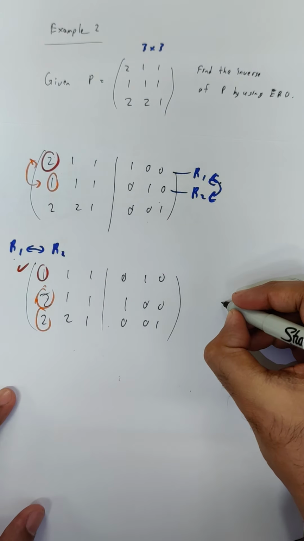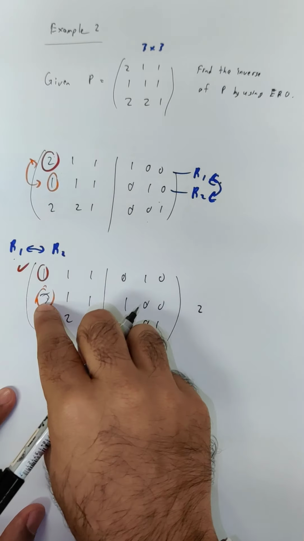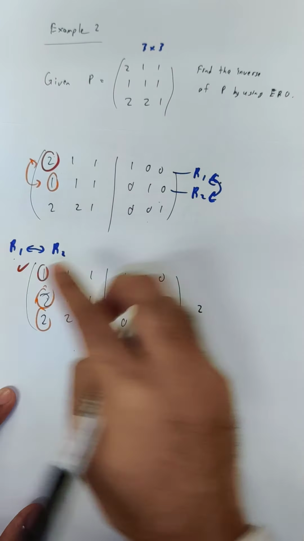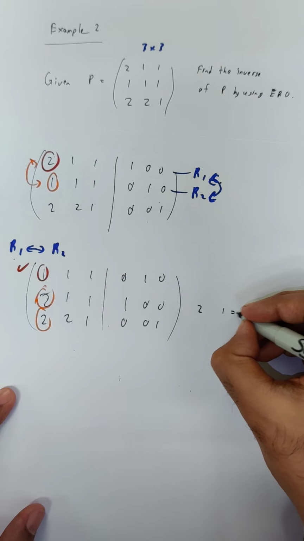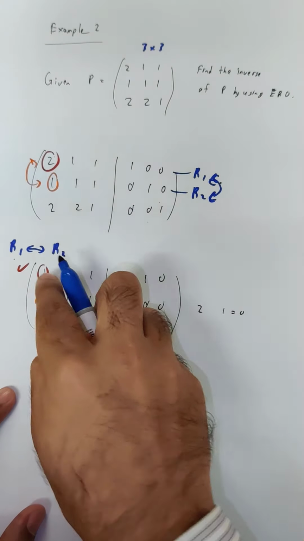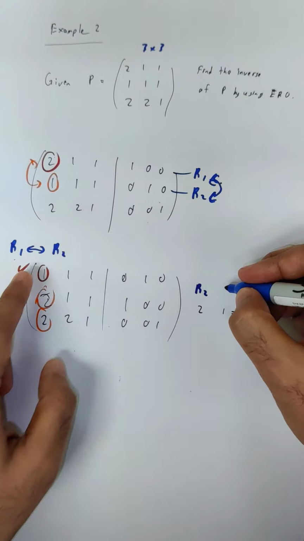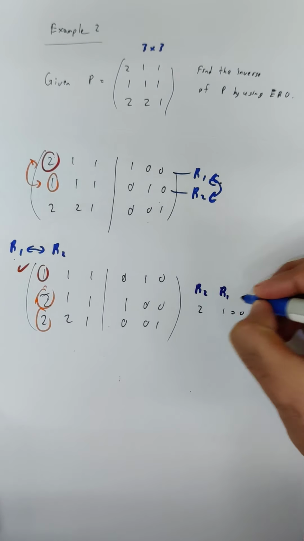Okay, so let's try. So 2 1, let's write it down over here. This 2, and I'm taking the 1 above it, 1. And how do I make it into 0? This 2 I got from row 2, this 1 I got from row 1.